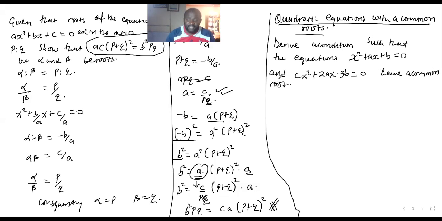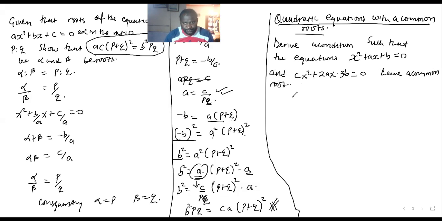They are giving us a common root. If they have a common root, it does not mean that they have both roots in common. The questioner said one common root, even if they don't mention the word one. They have said a common root, so it is one common root.